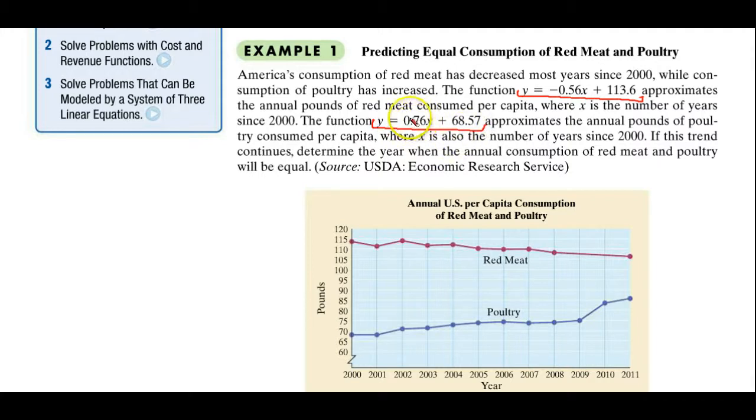Now notice this one has positive slope, this one has negative slope. Well, the one for negative slope is for red meat, and the one for positive slope is poultry. And what are they saying?